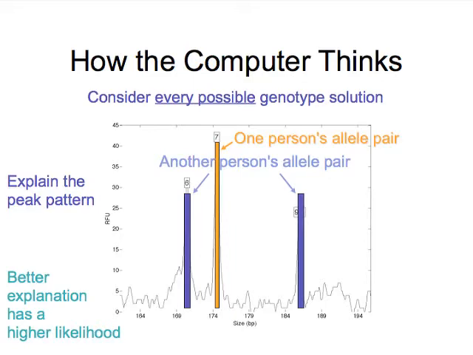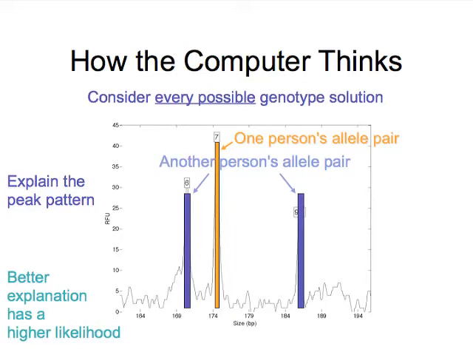And maybe there's another individual, represented in orange, and their allele pair is a 7-7. And then if you take a certain amount, quantitatively, of the blue allele pair, and add it together with the 7 allele pair, there's 2 copies here, then you'll get a pattern, and that pattern can be used to explain the data. The computer tries all sorts of patterns.